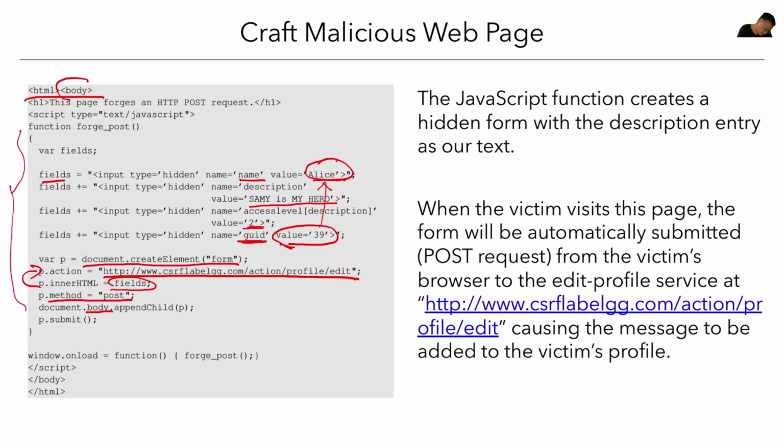So the body is a DOM representation of this part of the HTML page. Right? So we append our child. Then we call the p.submit. Okay. So again, on the window unload, we make it this is the code.